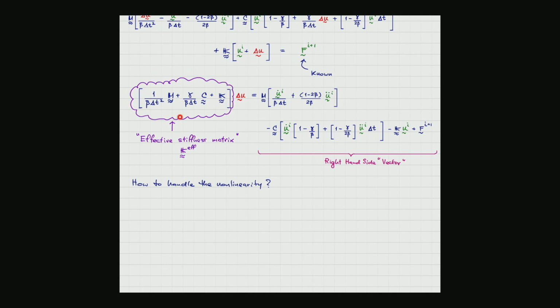So the effective stiffness matrix is on the left hand side. We call this one the effective stiffness matrix. If nothing is changed, then you just recycle this K effective, and in many cases you can just play with the elastic, linear problem and run the analysis this way. It will not take you much time.